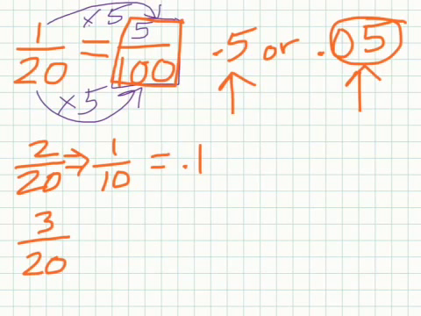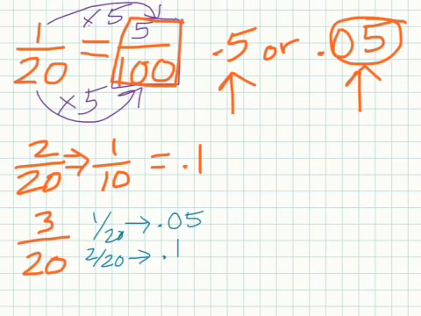3/20ths, well, we had our .05 for our 1/20th. And we had our 2/20ths already figured out as .1, and I'm going to fill in a zeroed placeholder digit there. Let's add them together. .15.